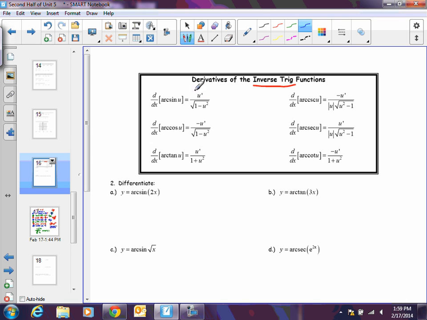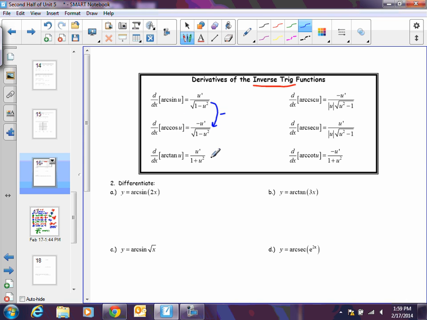Look at the formula for arc sine and look at the formula for arc cosine. The only thing that changed was a negative. So if you know the formula for arc sine, all you got to do is put on a negative when you do the cosine. Have we seen this before with derivatives where we use a negative with the co? Yeah, that's exactly how we memorized the first 6 trig.